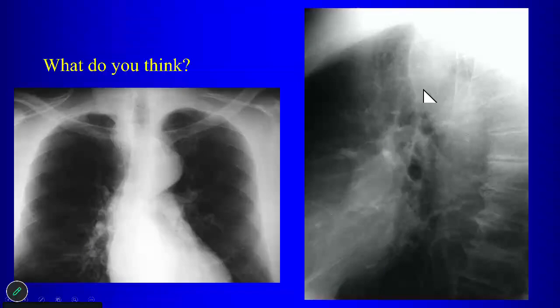What do we notice about the shape of the trachea here? There's a smooth anterior bowing of the trachea. So if we see something in the retrotracheal clear space with that smooth anterior bowing of the trachea, what should we consider? Also, notice on the frontal, there's kind of a funny opacity there. What do we think about here?